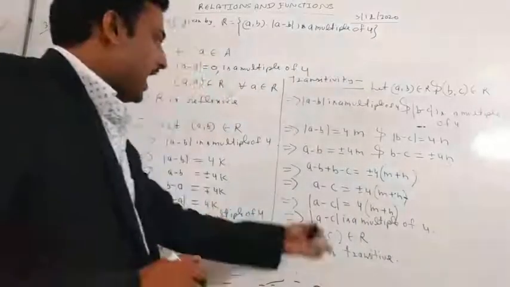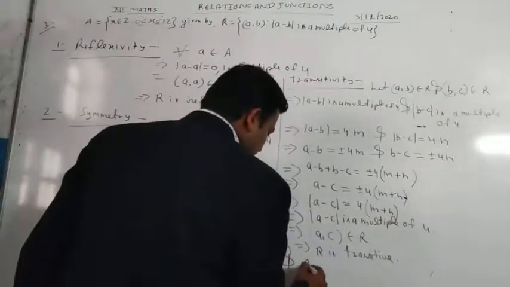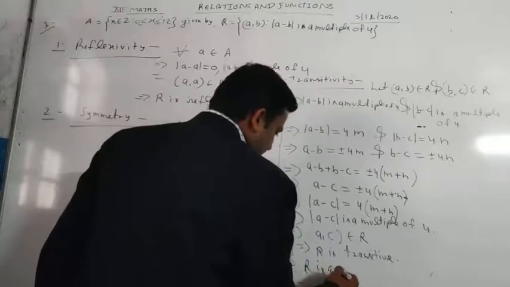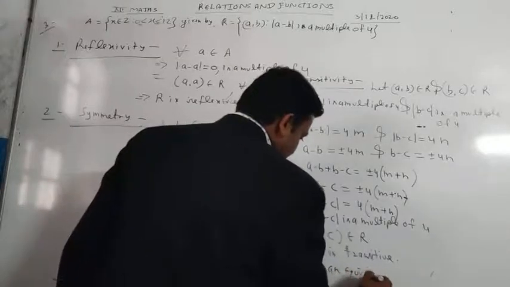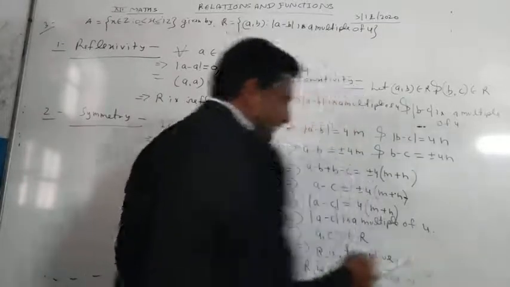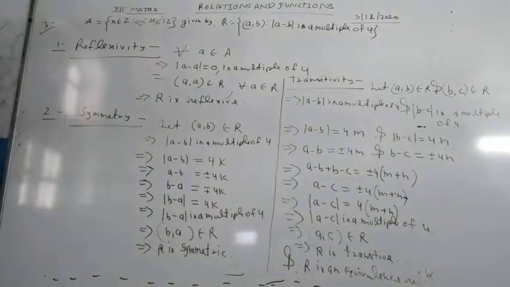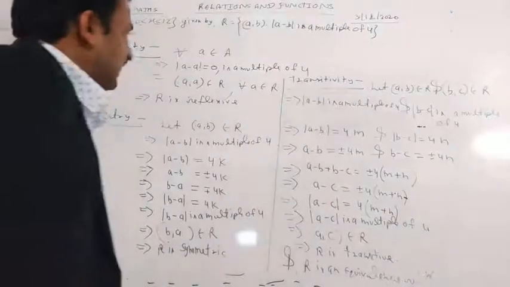Okay, so R is reflexive, symmetric and transitive. Then we can say that R is an equivalence relation. On the basis of this we can say that R is an equivalence relation.